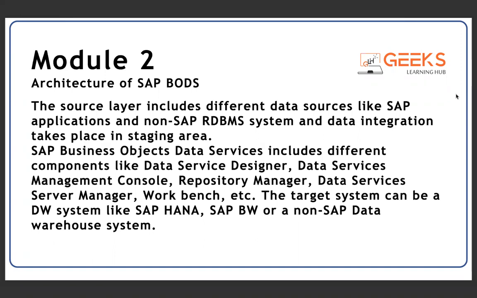Okay. So this SAP concept, which has been built on the application, contains the different types of service designer. It contains the different repository manager, the server manager, and the workbench manager. It contains different types of data warehousing systems like the SAP Business Warehouse, SAP HANA, or non-SAP data warehouse systems.